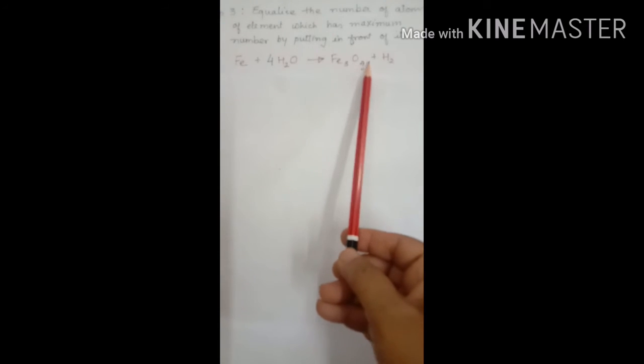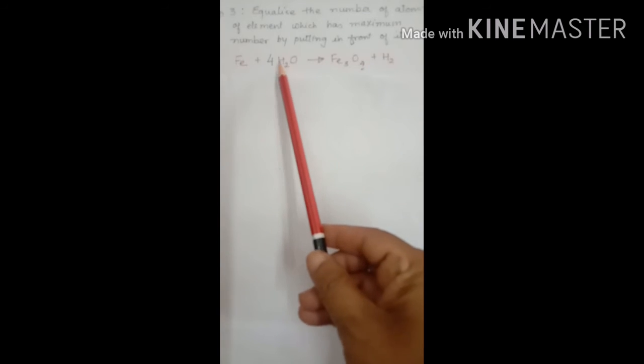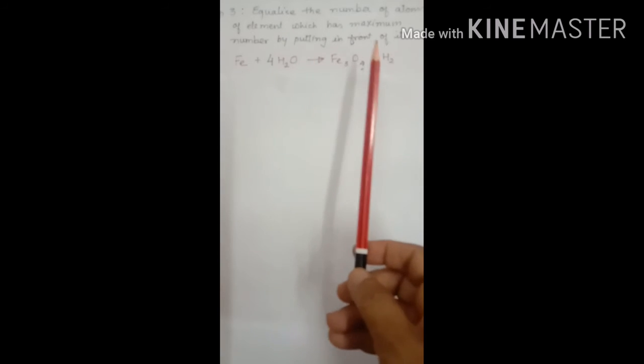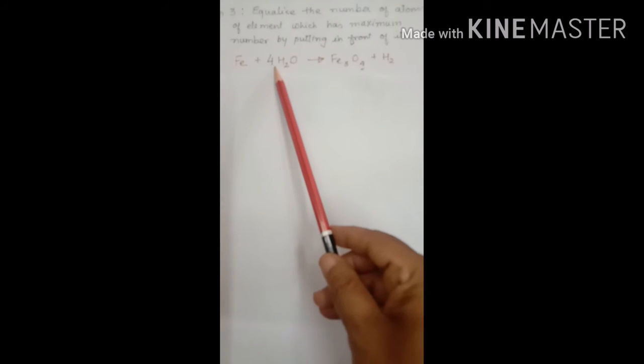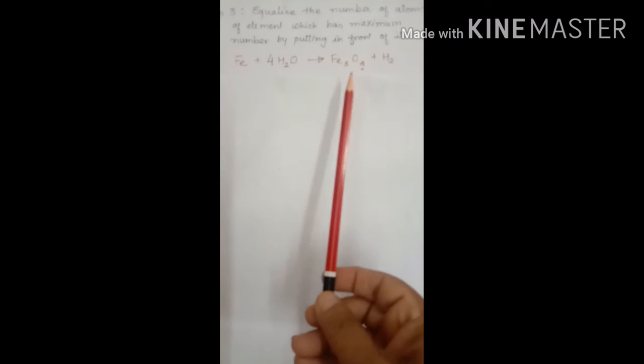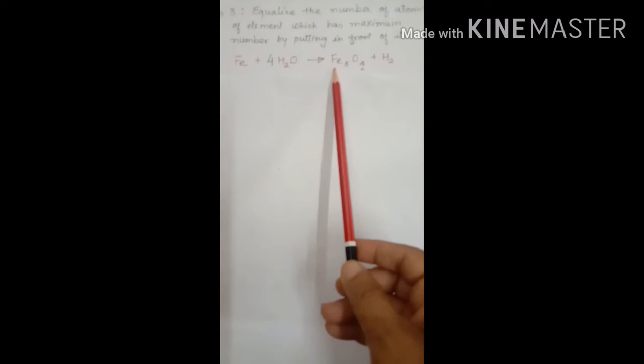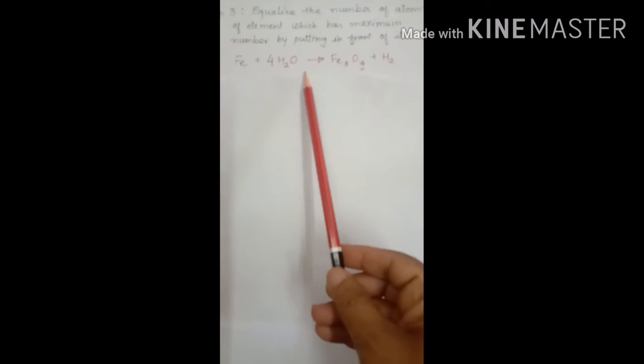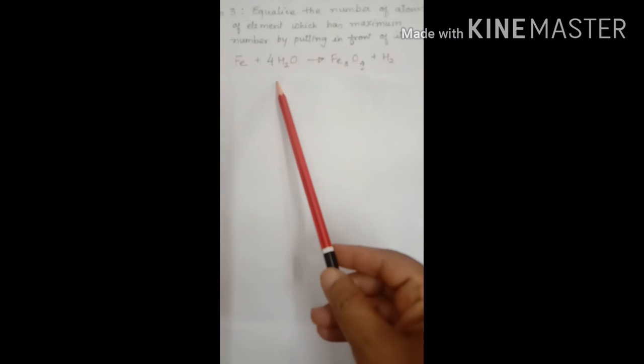For oxygen, we have 4, which is the maximum. So we are balancing oxygen first by writing 4 in front of water on the reactant side. If the 4 had been on this side and less on the other, then we would have written 4 on the other side. The one which has the maximum number, here O, gets the 4.